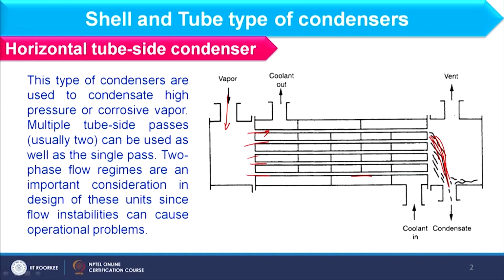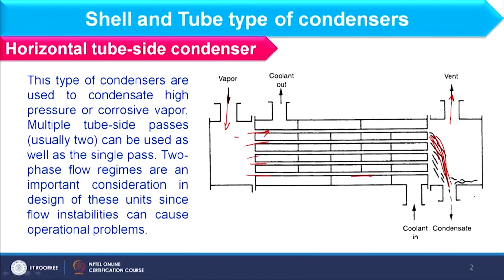Further, when vapor is entering the tube side, we have a vent on the tube side, but at the opposite side of the tubes. We also discussed this point in the last lecture: wherever the steam or vapor enters the system, on the same side we usually place the vent as well as the steam trap.